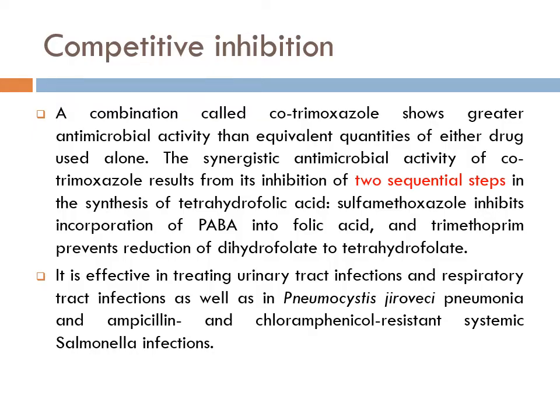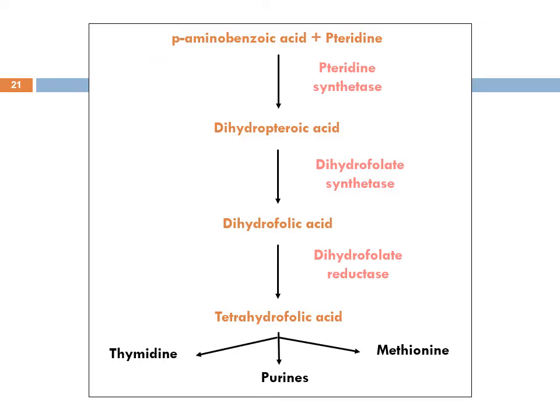As we look here, the synthesis of tetrahydrofolic acid starts with para-aminobenzoic acid. The pteridine synthase enzyme converts it to dihydropteroic acid, which is converted to dihydrofolic acid and then tetrahydrofolic acid. What happens? Sulfonamide is a structural analogue of para-aminobenzoic acid, so it is a competitive inhibitor.